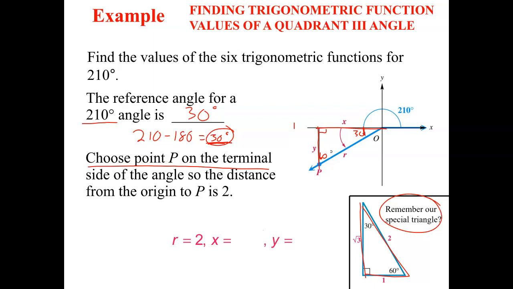It's going to be 1. That's the short side. Opposite the 30 is the short side. Y equals 1. What's the measure of x going to be? Square root of 3. It's opposite the 60 degrees. And what's my radius? My hypotenuse? 2. So I have those 3 values.